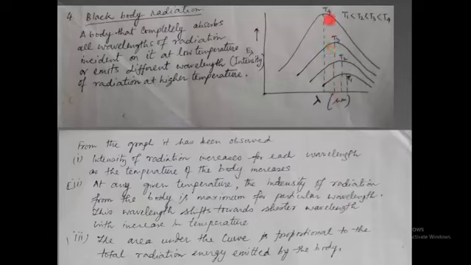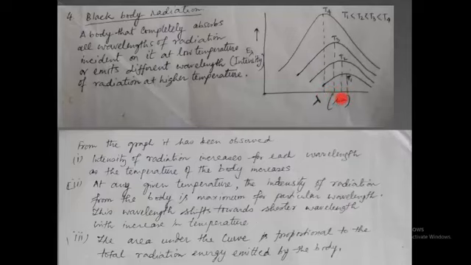Again for the last curve T4, you have the maximum energy density at a particular wavelength, and you will find that as the temperature increases, this value, this value, this value decreases.